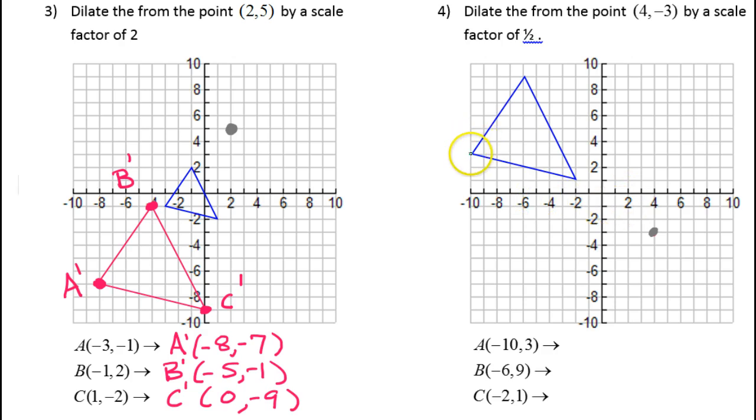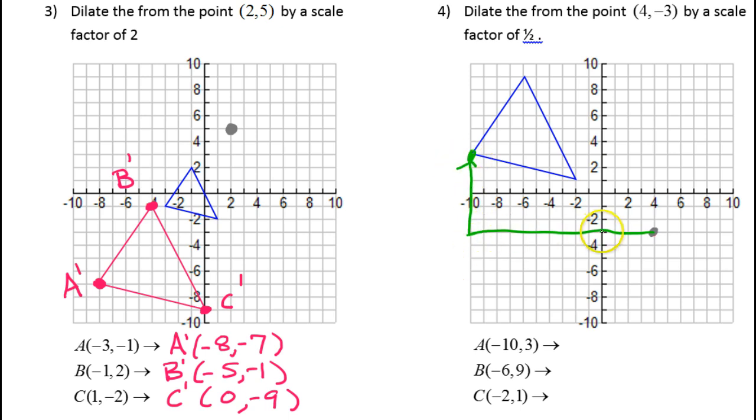Here is point A, which is at negative 10 comma 3. And here's my center, the point 4 comma negative 3. So let's look at the original path to point A. I would have to go left this many, and I would have to go up this much.